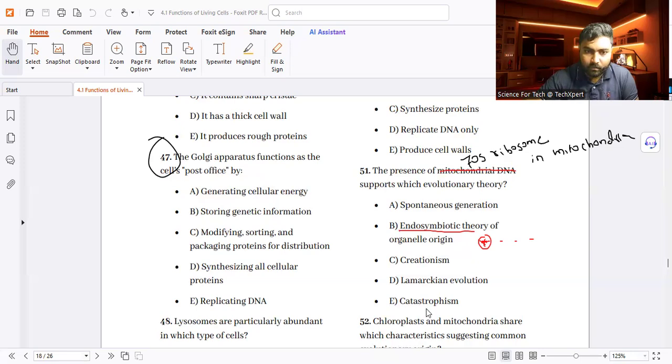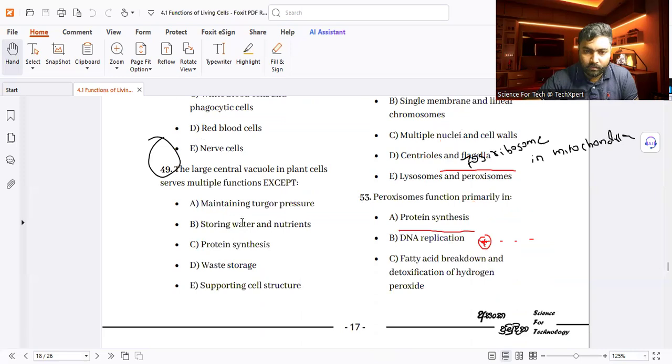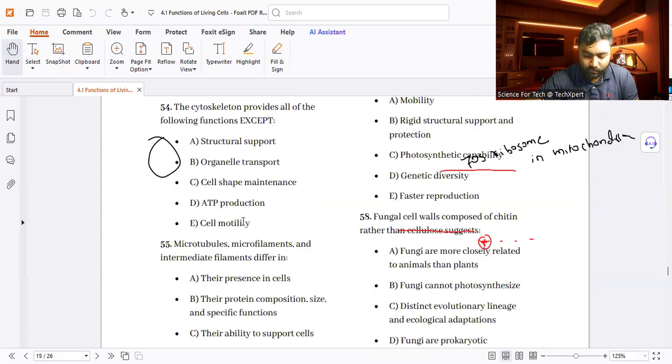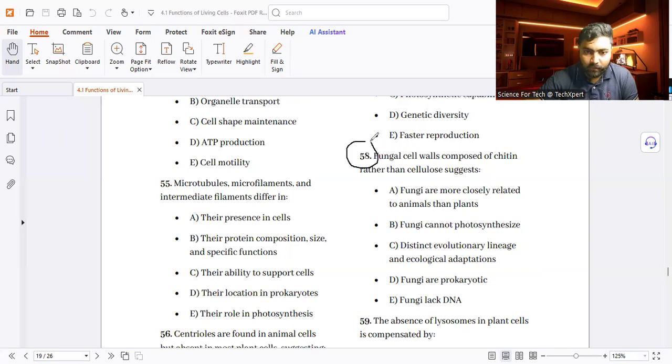C. Yes. Modifying, storing, and packaging. Yes. Fifty-eighth one.